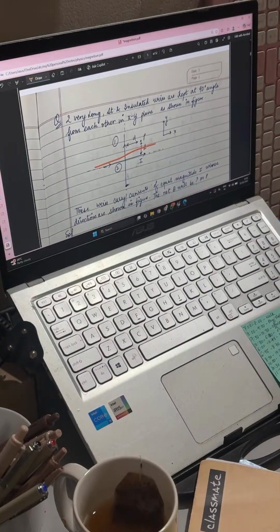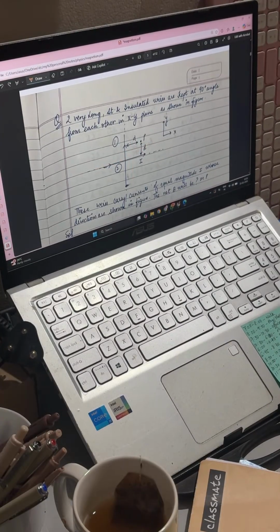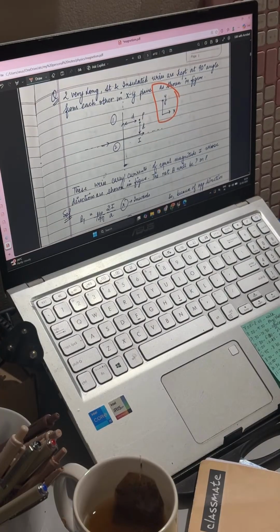So one is in this direction and one is in this direction, in an XY plane. As shown, these wires carry current of equal magnitude, both carry current I. Net B they are asking at the point P. This is going this side. Both are infinite.